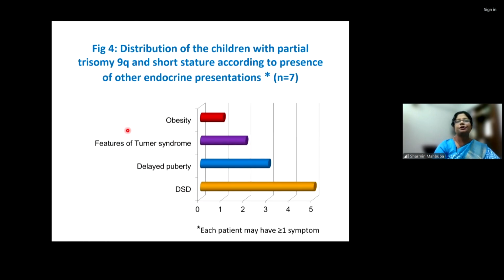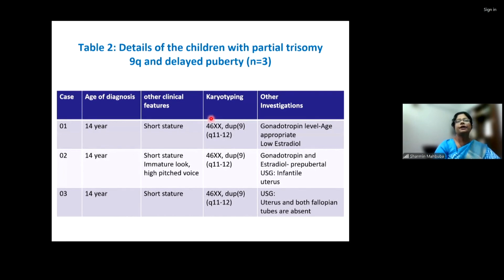Here is the distribution of the patients according to the presence of other endocrine disorders. In short, those who presented with short stature, the number was 7. The majority had DSD, 5 in number, then followed by delayed puberty, then features of Turner syndrome, and only 1 case with obesity. And here we can see the details of the 3 children who presented with delayed puberty.